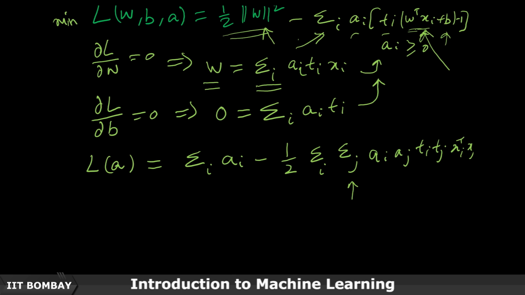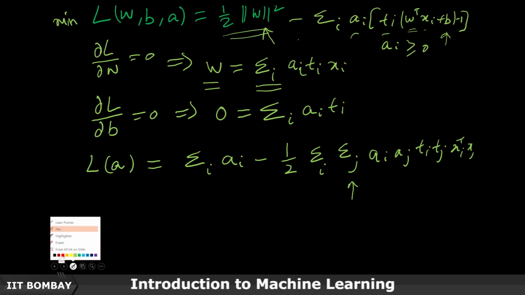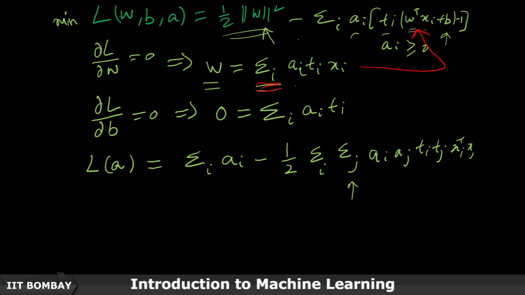Just make sure that when you plug the value of W here, this summation is going to become a summation over j, because it's not the same summation that you have here.